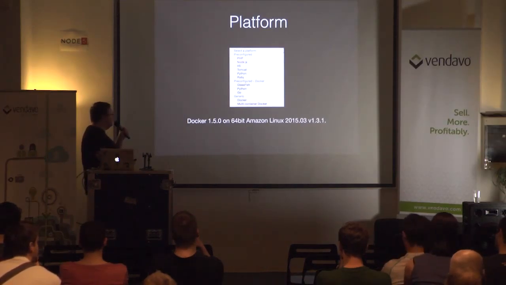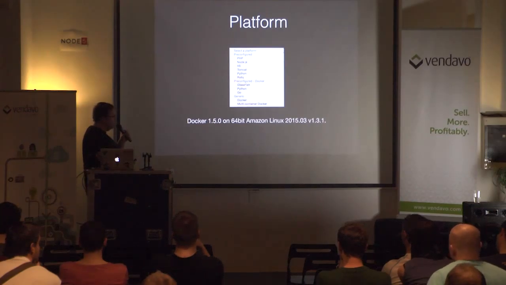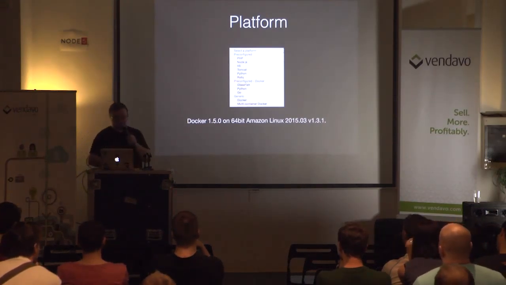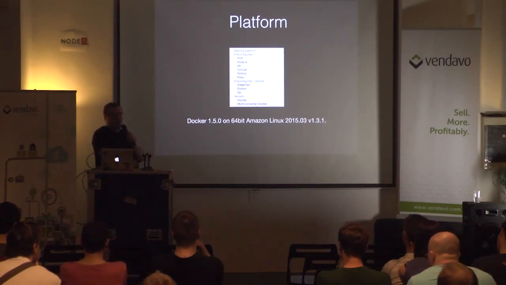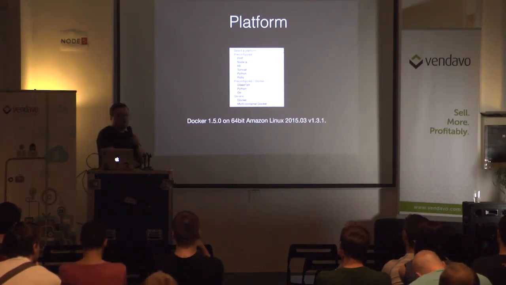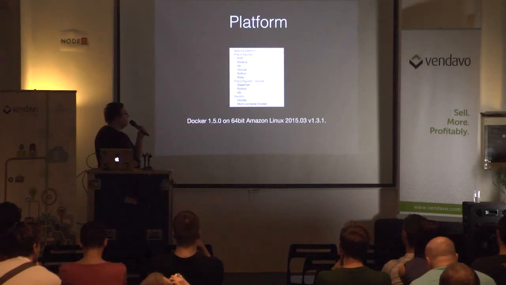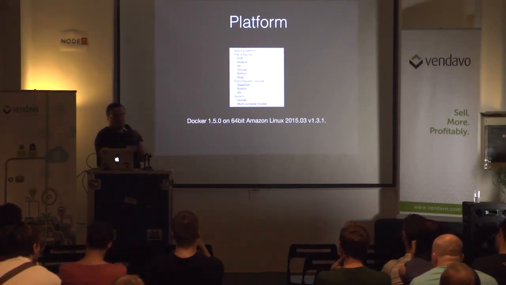That is Docker 1.5 and Amazon Linux. Amazon Linux is similar to other Linux distributions prepared for using Docker, but I think it's much bigger than CoreOS or something like that, but it's quite good at Amazon.